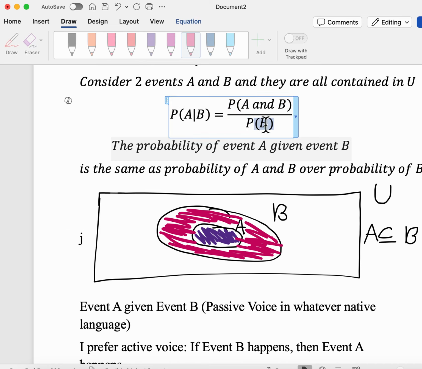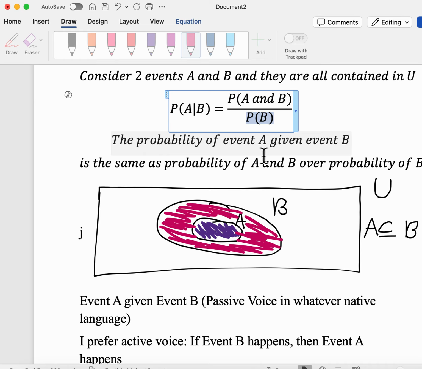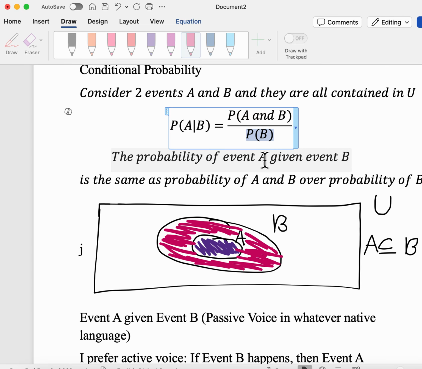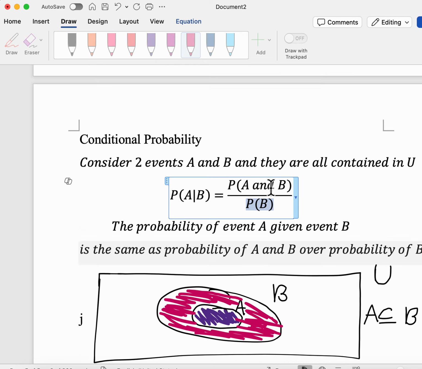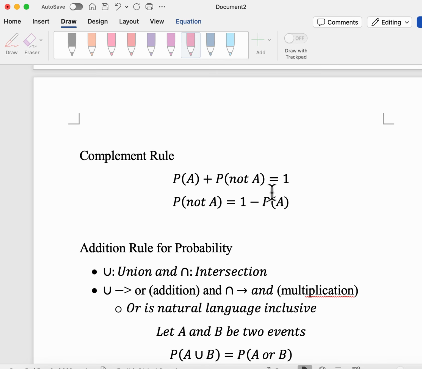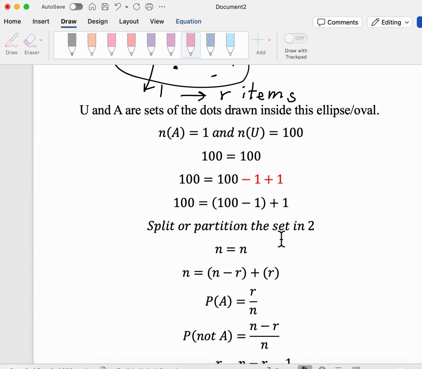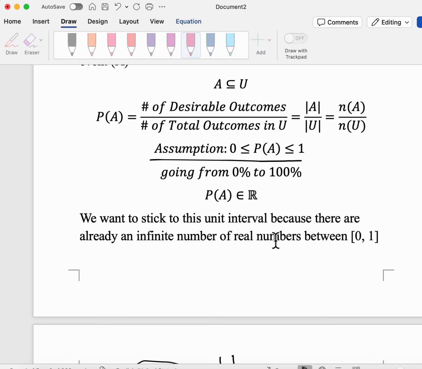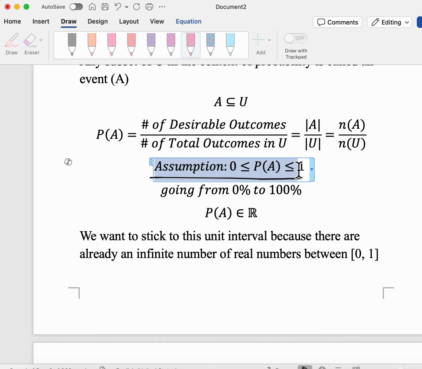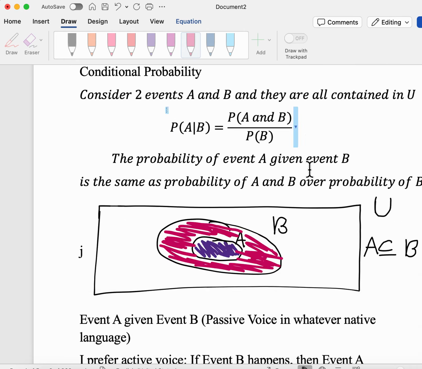What this dividing by P of B does is it is reducing the probabilities such that when you go and add all the probabilities together, you make sure that they all sum up to 1. Because once again, in the simplest case, we want the probability of the sum of 2 events to add up to 1. And we want all the probabilities to be between 0 and 1 as well. That's the key assumption we want.